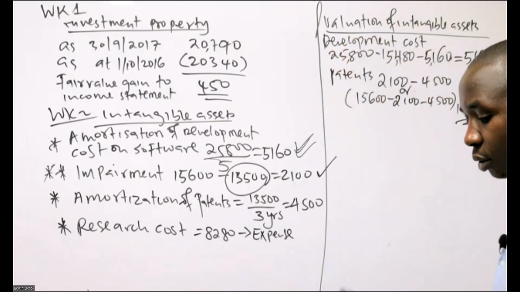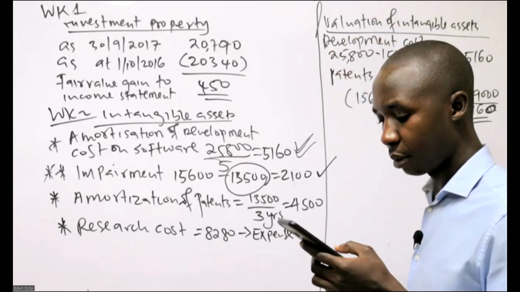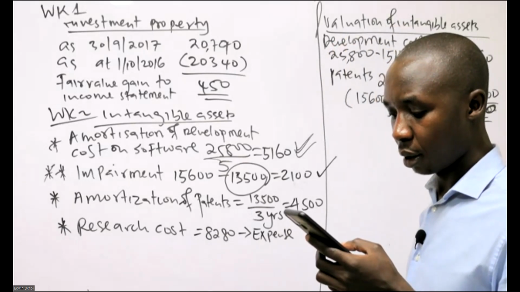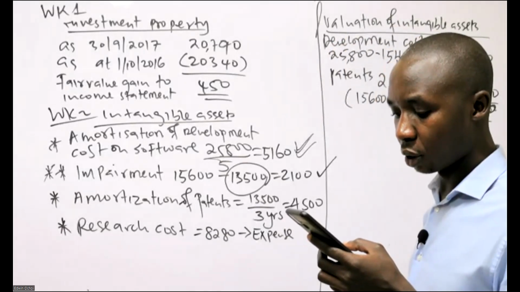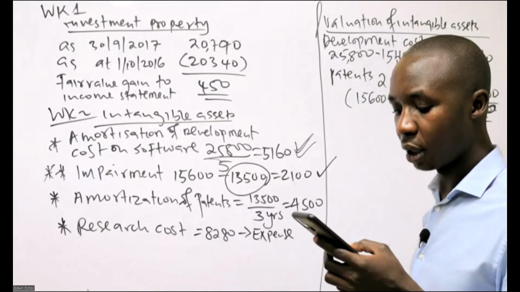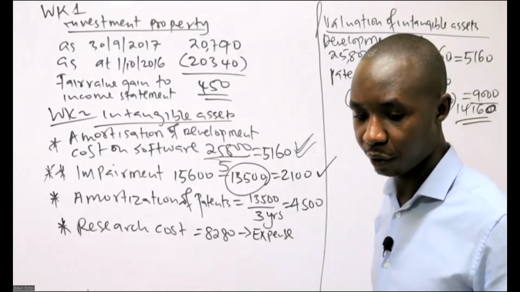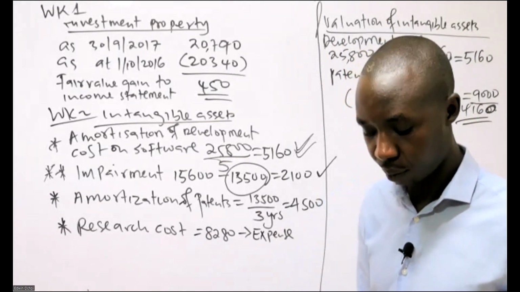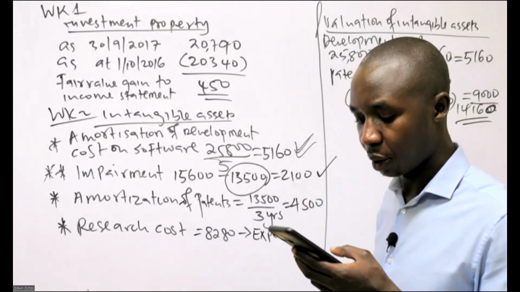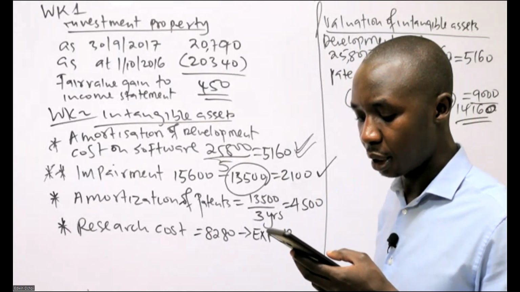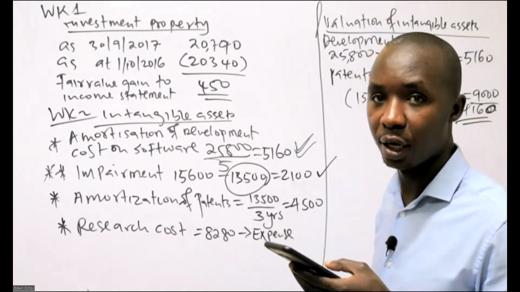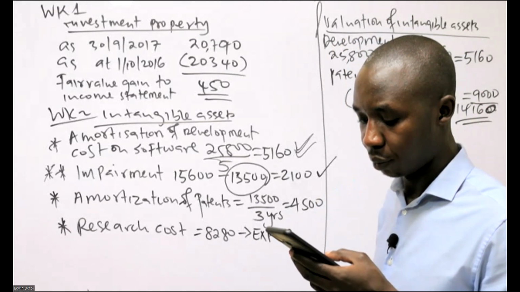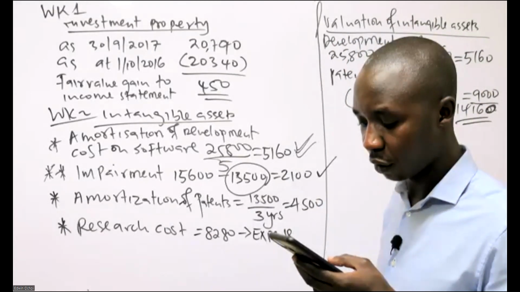Okay. So in additional information number 3, point 4, what did they do on 30th September 2017? On 30th September 2017, the land and buildings were revalued to 25,500 and 45,600.